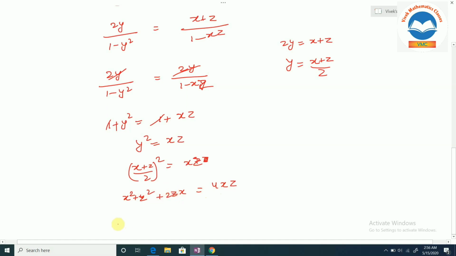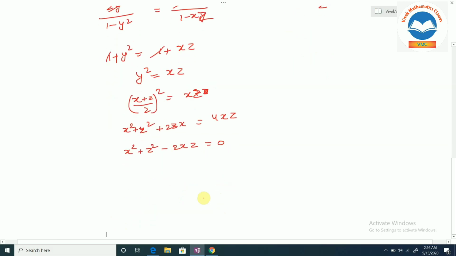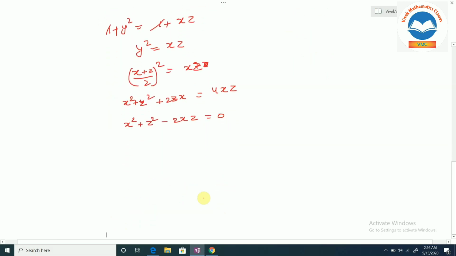You will get x square plus z square minus 2xz equal to 0. What does it mean? This is a square plus b square minus 2ab, which is the a minus b whole square formula. So what can we write here? x minus z whole square equal to 0. From here we will get x equal to z.